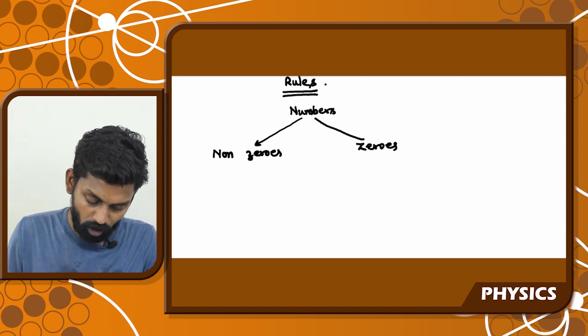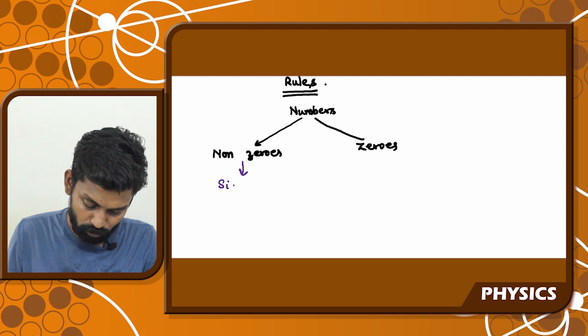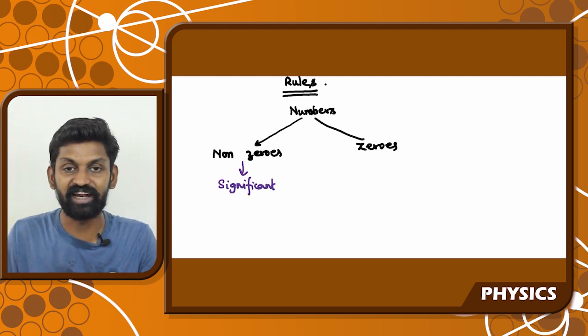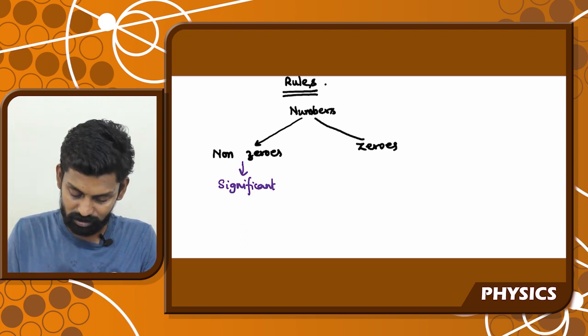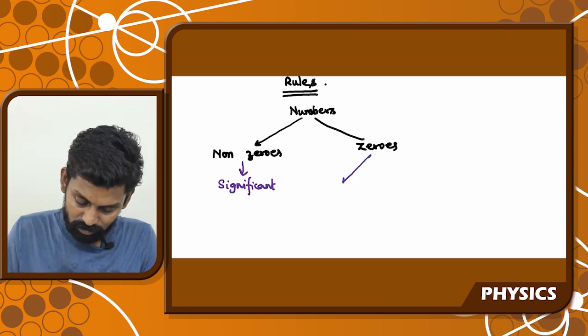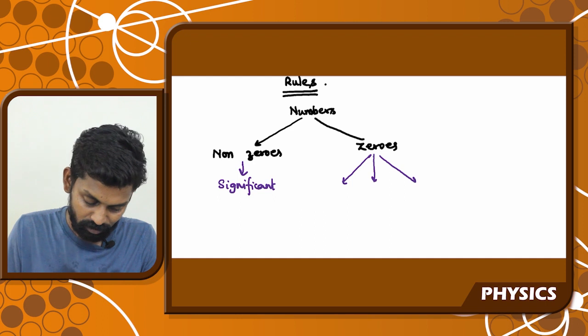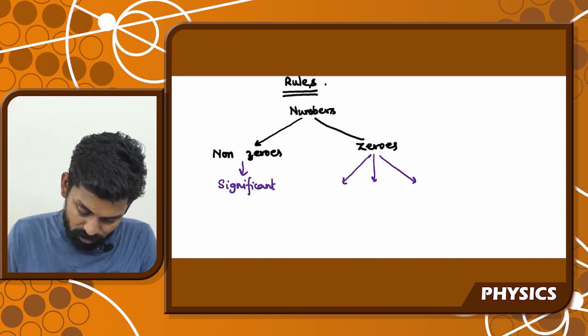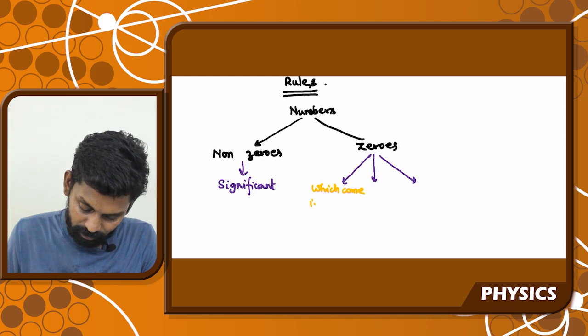And they said all non-zeros are significant. So you have to count all the non-zero digits wherever they are. And zeros, there are three types of zeros. First is zeros which come in between two non-zeros.